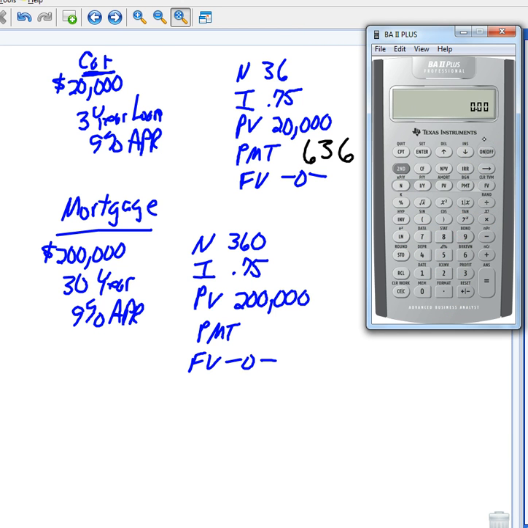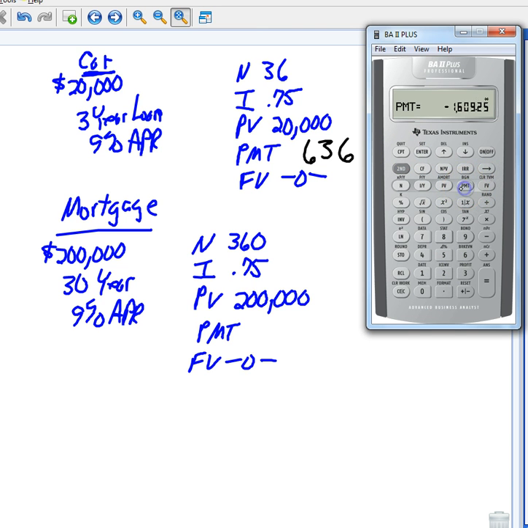Sorry about that. Let's start over. 360 for n, and 0.75 is our interest rate. 200,000 is our present value. 0 would be future value.